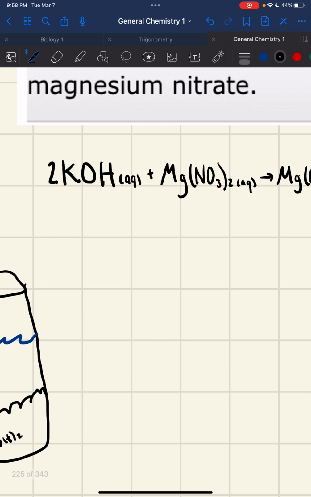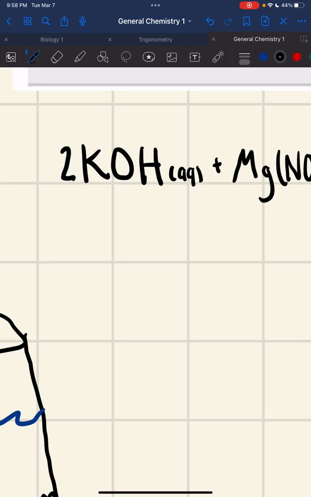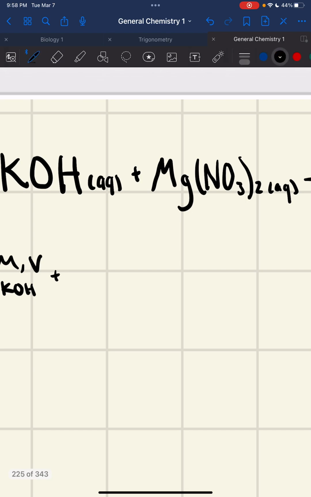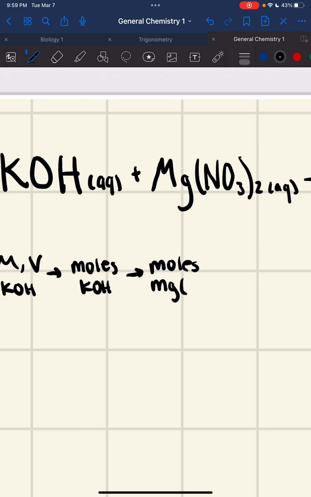So we'll first start with KOH. And here's the mole map for that. Molarity times volume of KOH gives the moles of KOH, and then I'll put a little arrow here to the moles of magnesium hydroxide.